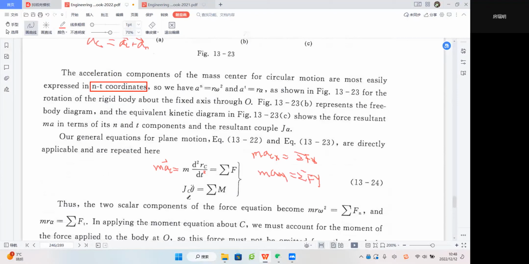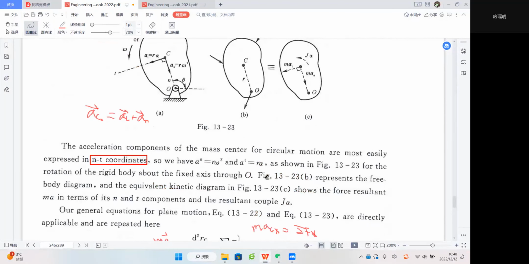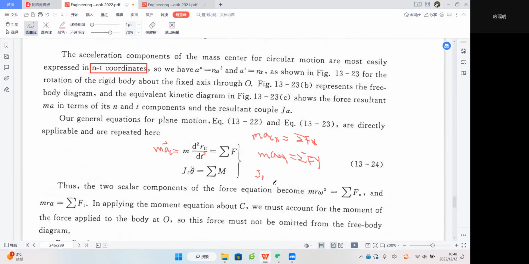The third one will be the rotational motion. So we can very easily give this actually JC, I think not JC, should be JO, right? We should use JO because this is the rotation point. JO, double dot theta actually is alpha, right?